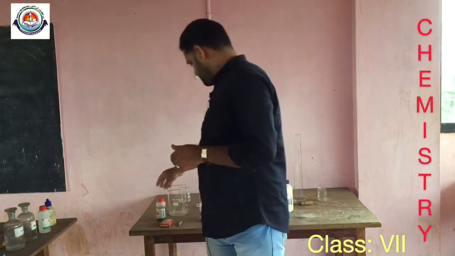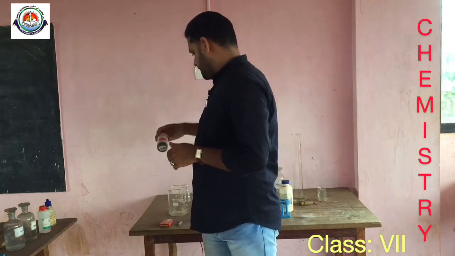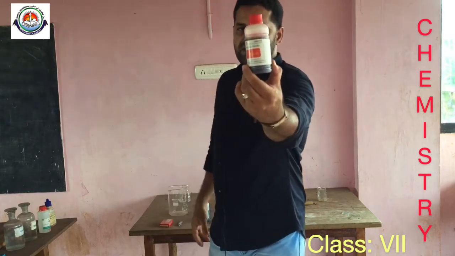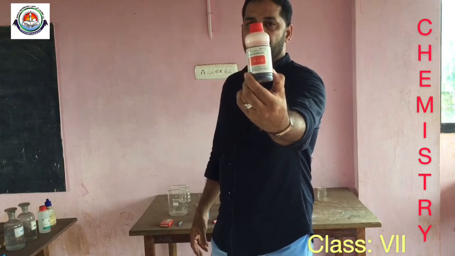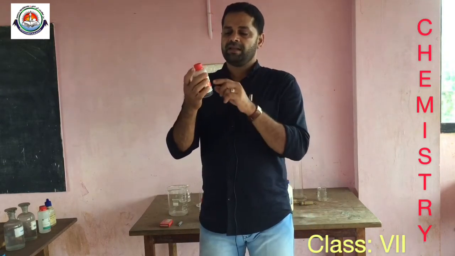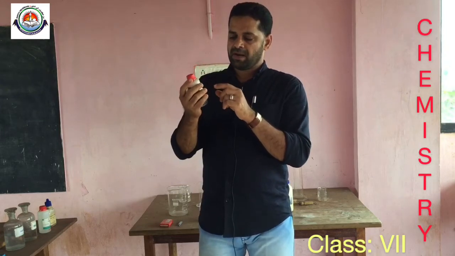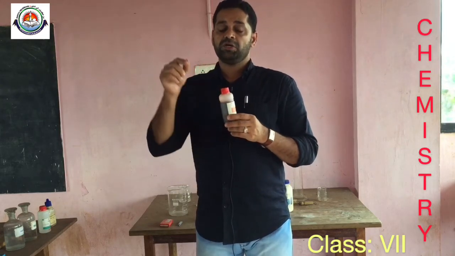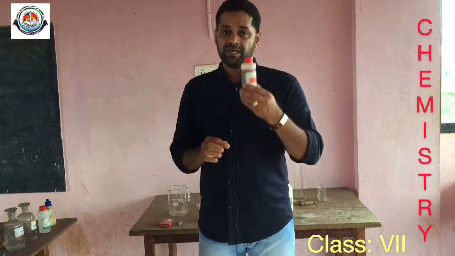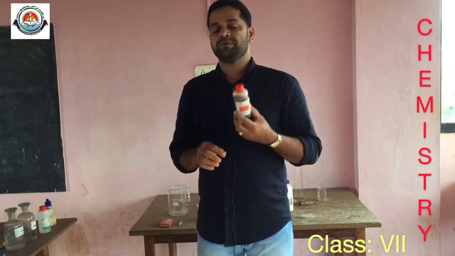So, I will show you that. See, this is red litmus solution. It becomes red litmus solution because, when we add some acids into the neutral litmus solution, it turns red.